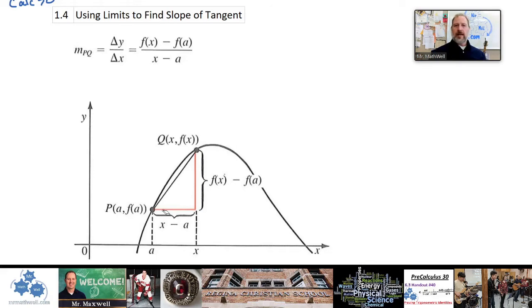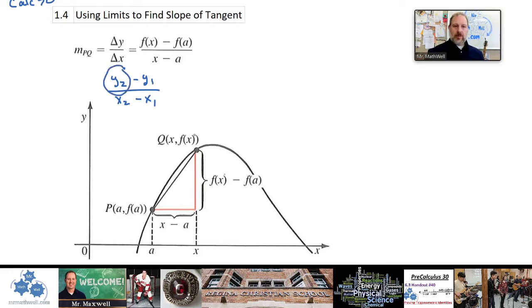What's another way to write that? Well, another way to write that is, and you know this, y2 minus y1 over x2 minus x1. If I don't know exactly what x1, y1 point is, or exactly what x2, y2 point is, I can substitute this for the above. Now watch this.